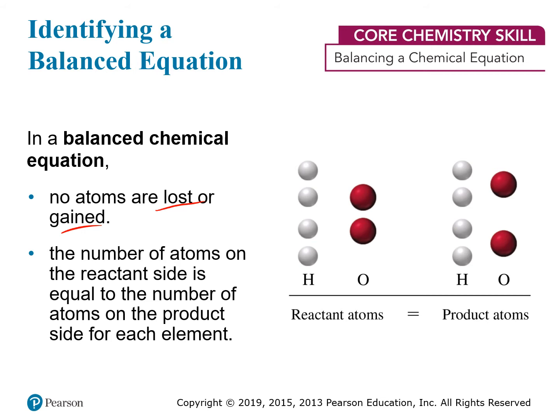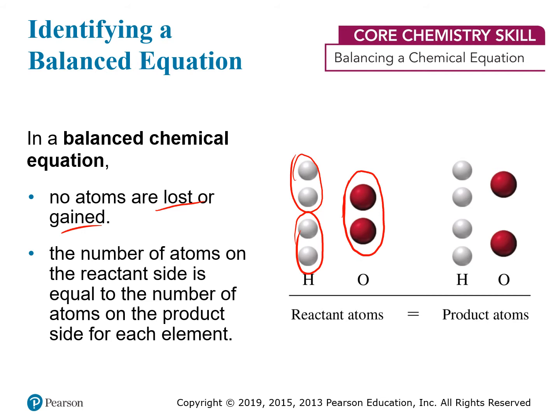So in this case, imagine we had a reaction between hydrogen gas and oxygen gas. Hydrogen gas is diatomic, so each hydrogen gas molecule is really two hydrogens together. So here we have two hydrogen molecules. And the same thing with oxygen. If we have an oxygen molecule, it's really two oxygen atoms together. So we can have two hydrogen molecules and one oxygen molecule, but really it represents four hydrogen atoms and two oxygen atoms.